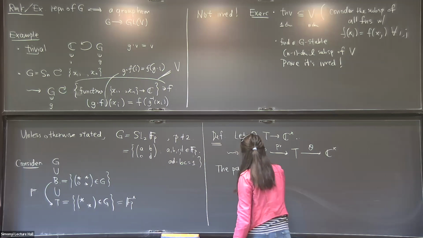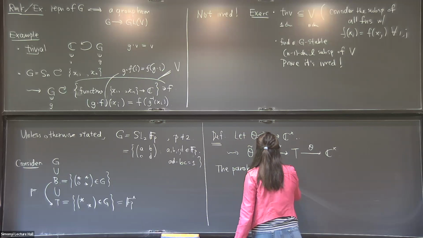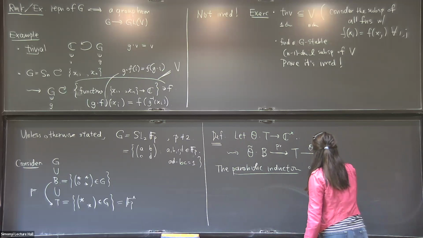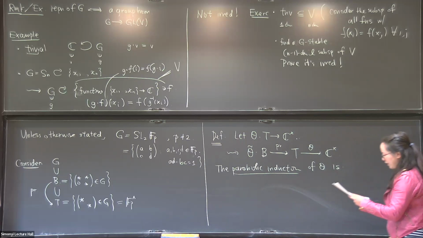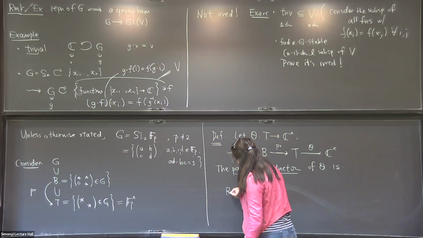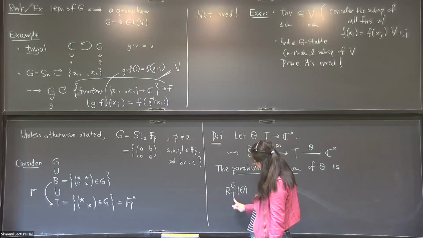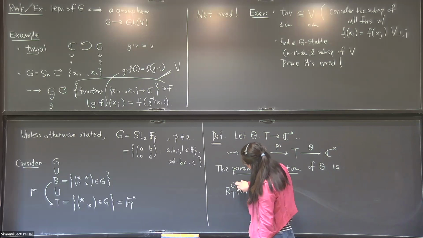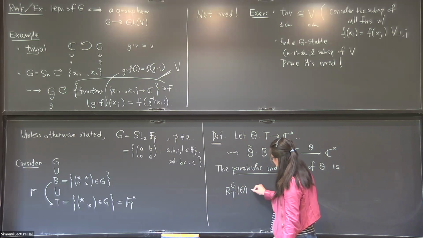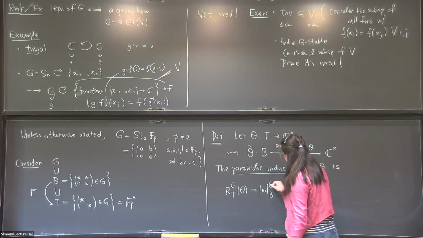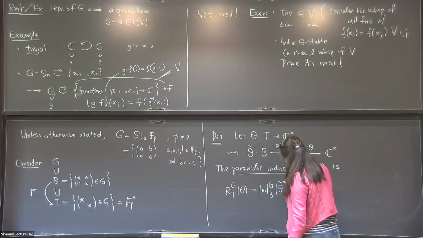The parabolic induction of theta is the following recipe. I will call it R_T^G theta. And that's telling you where the character began life and what kind of representation you're going to obtain. It's defined as the induction from B to G of theta tilde.